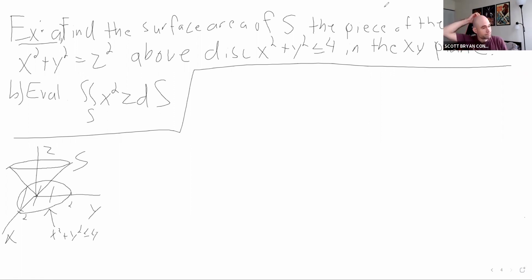Since we're only getting the upper half of the cone, you could just take the square root of both sides and say z is equal to positive square root of x squared plus y squared. That's totally fine. Things are going to get a bit not nice if you do that, though. What we can do instead is use cylindrical coordinates.